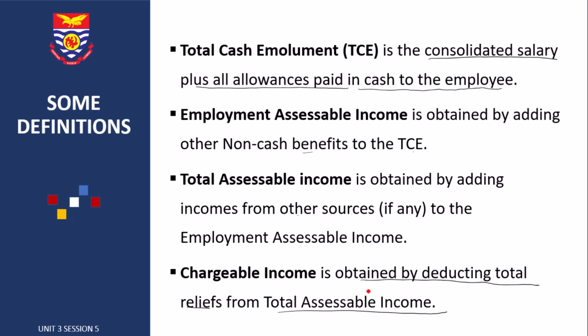We said that reliefs are amounts allowed to be deducted from income, and this helps cushion the tax burden. So we have child education relief, marriage relief, old age relief, aged dependency relief, etc.